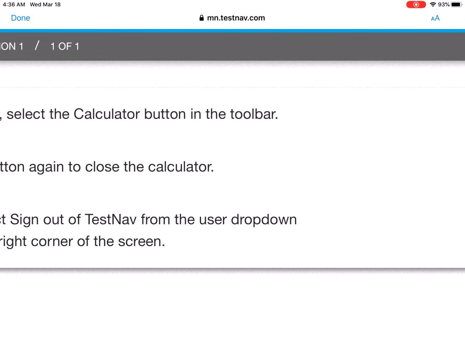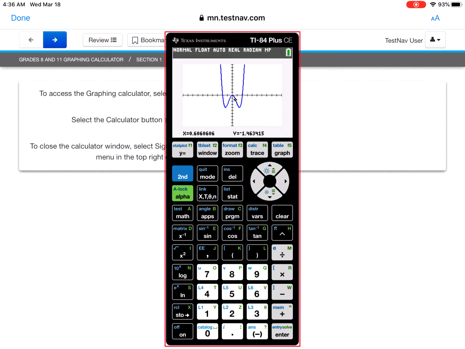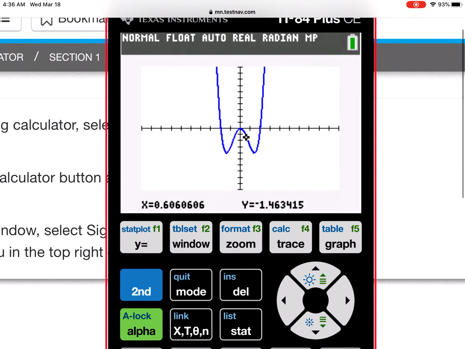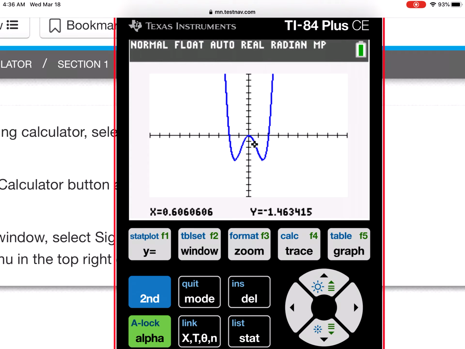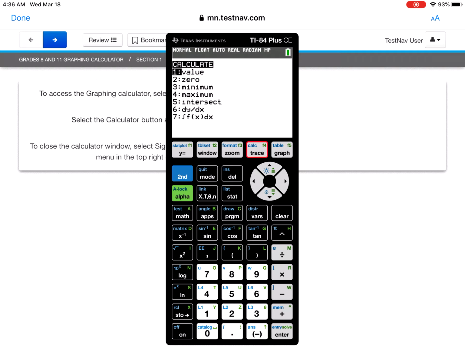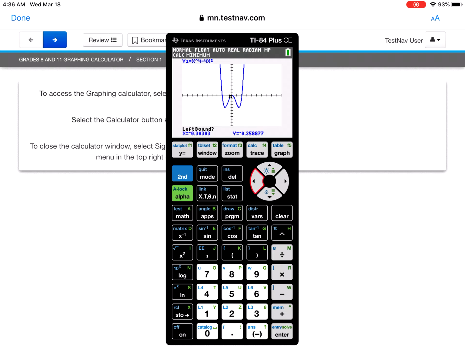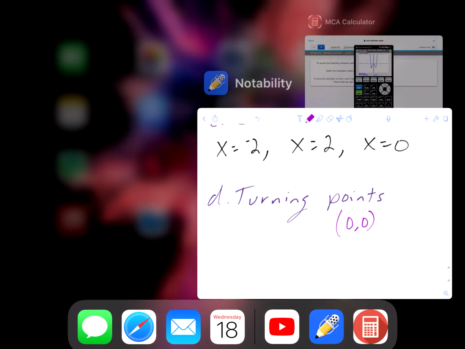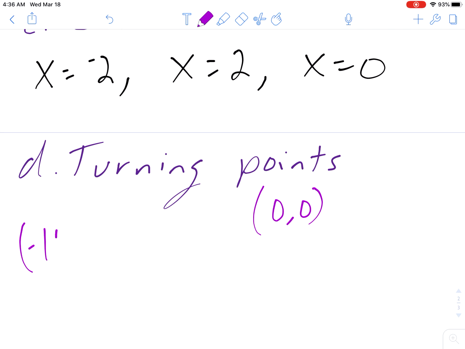It looks like there are 3 turning points. There's 2 minimum values and this maximum value in the middle. So again, I like to go from left to right. So let's do the minimum. Left bound, right bound stuff. -1.41, comma -4. Go back and write that. -1.41, comma -4.